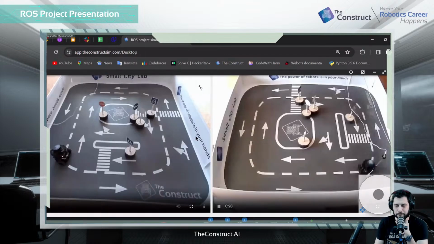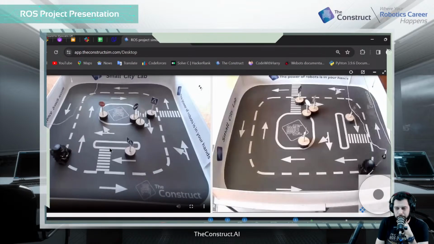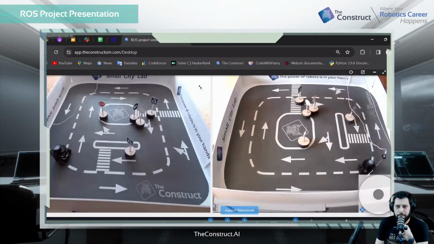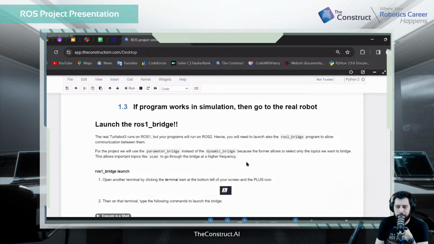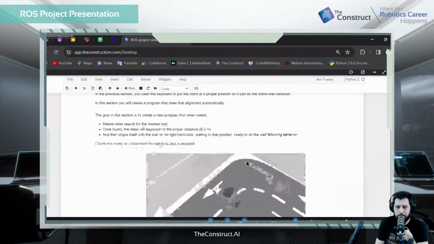So basically, this is a real robot, and we need to make this robot follow along the wall at a particular distance. So in this project, there are three sections mainly.